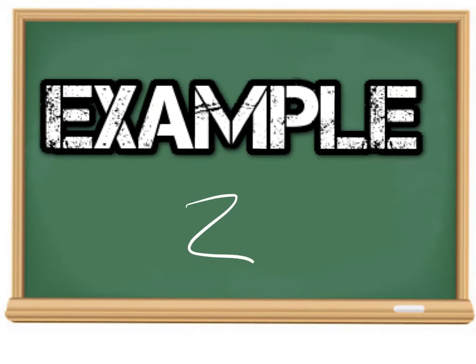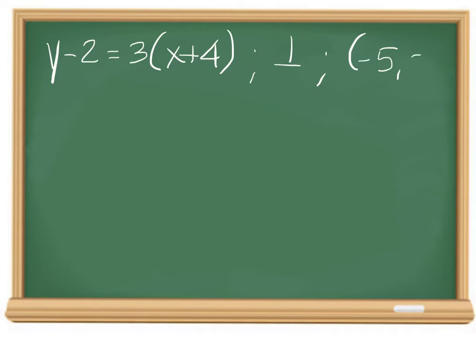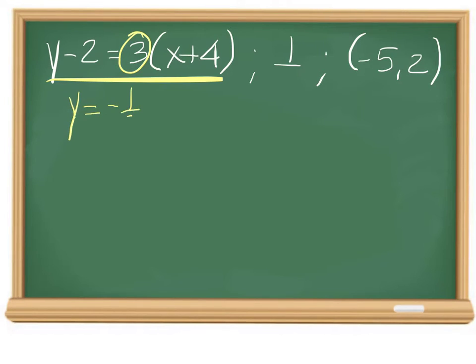Example 2. This is the same problem we just worked on. We're going to do this one a little differently. Instead of changing this to slope-intercept form, you can simply get the slope from the problem. The slope is 3. You need the negative reciprocal, so it's a negative 1/3. And then you can work the point in from there.